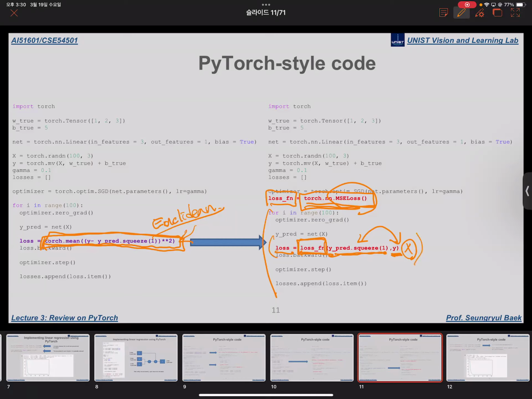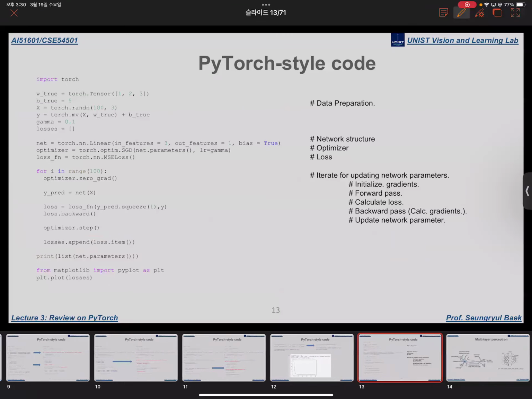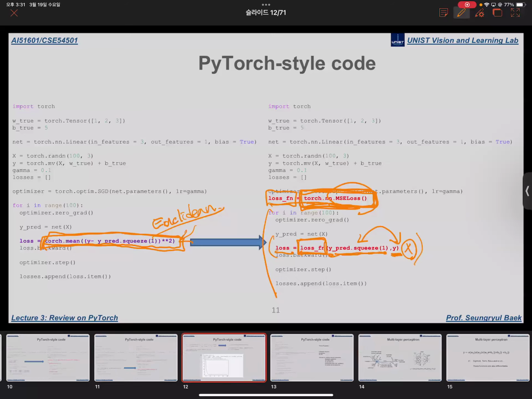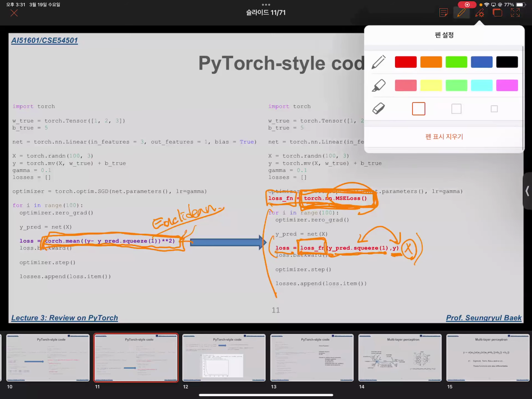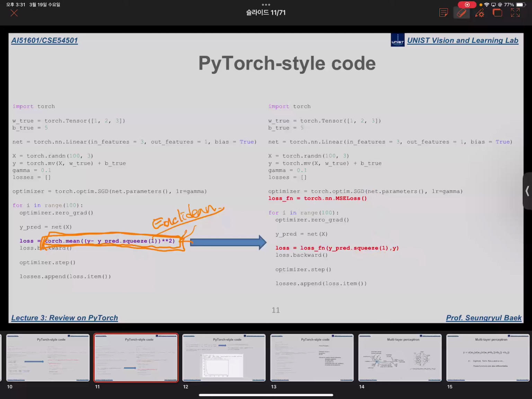So you don't have to change this part, but instead you can just change this to change the loss function. Okay. And yeah, then this is the code actually.